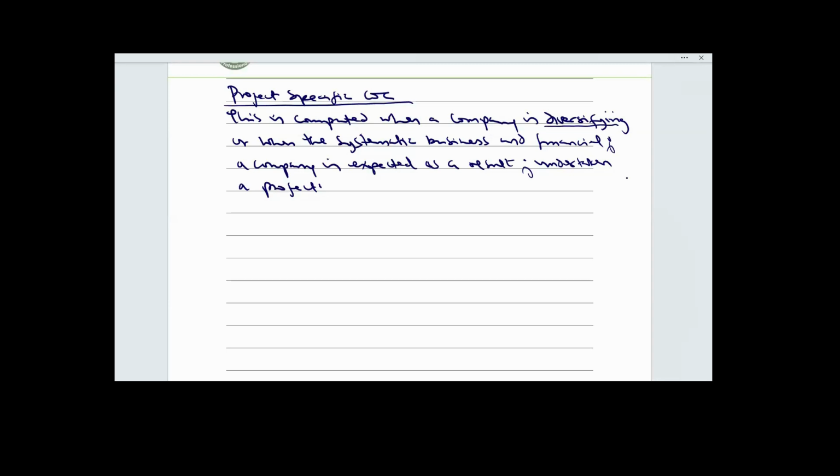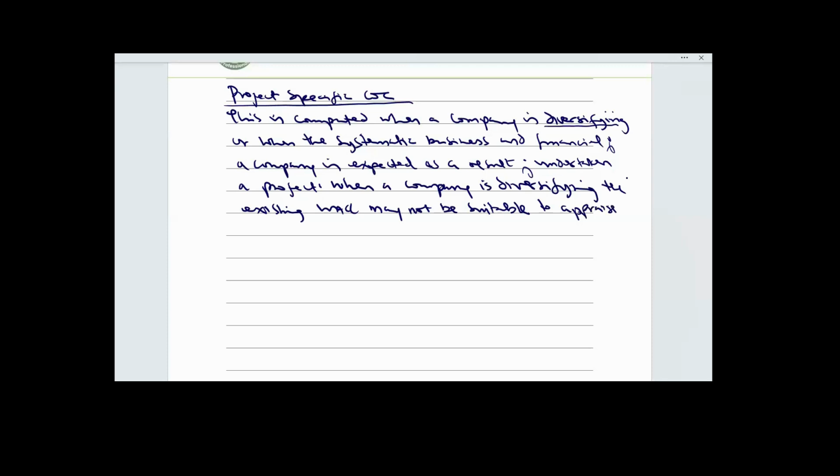When a company is diversifying, the existing WACC may not be suitable or appropriate to appraise, to evaluate projects in the new industry.